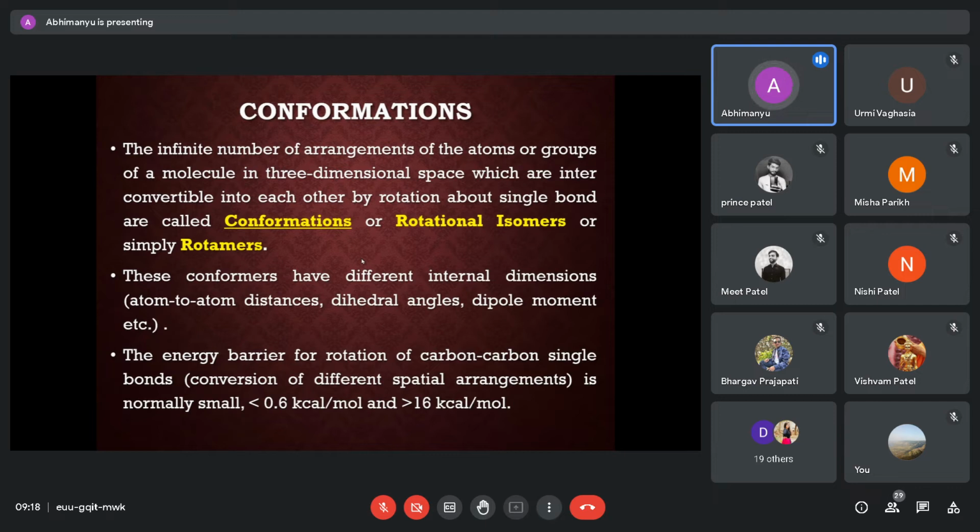But if I say that I give 60 degree rotation, by using the 60 degree rotations, what are the total number of conformations for ethane?